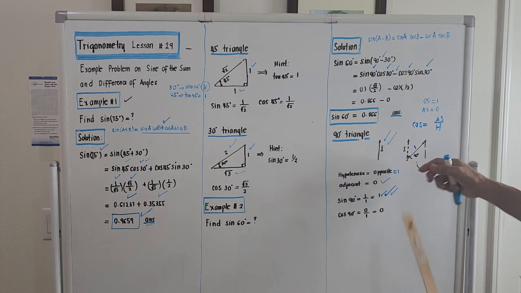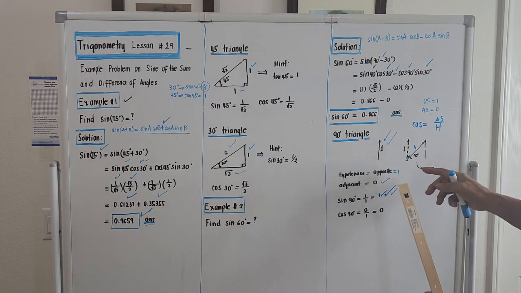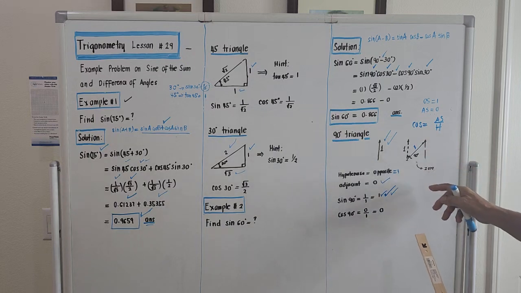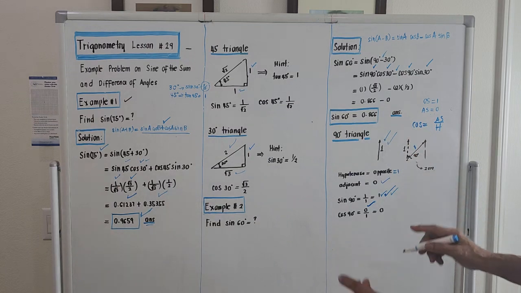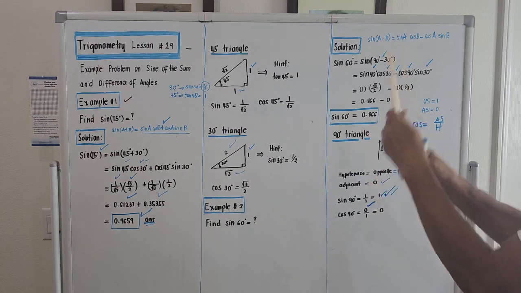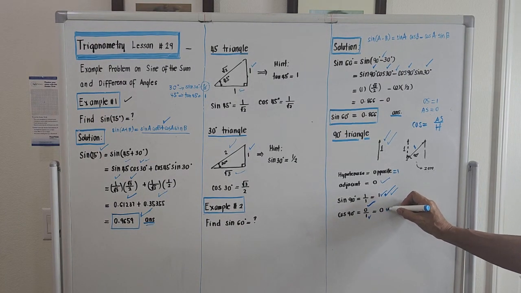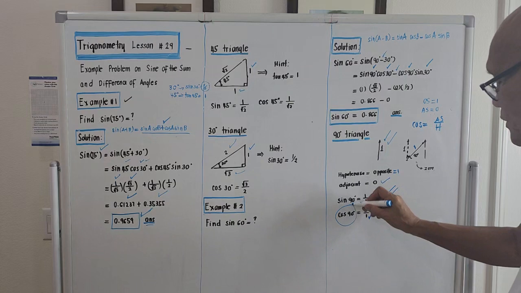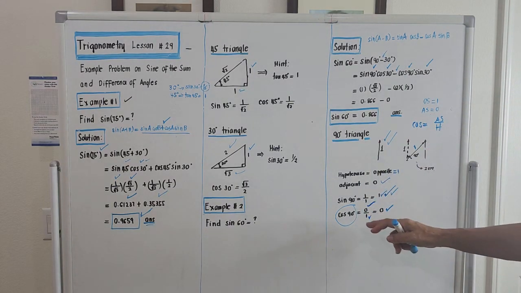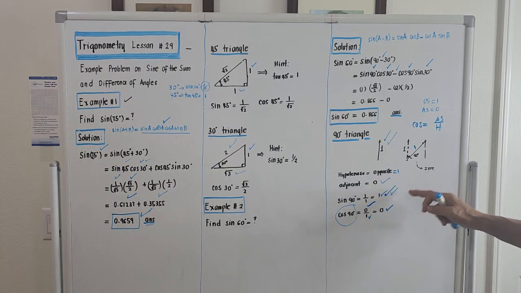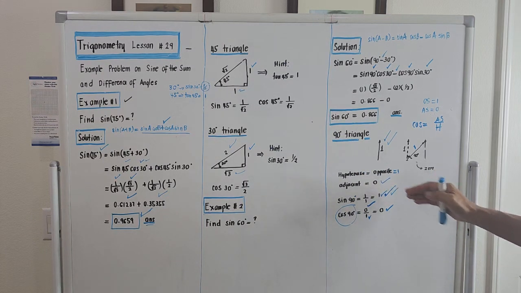So if we take the cosine of 90 degrees, it should be 0 divided by the hypotenuse, which when upright is 1. So 0 over 1 will be equal to 0. That is why if the angle is 90 degrees, the cosine is 0. This is where sine of 90 equal to 1 and cosine of 90 equal to 0 emanate. This is the origin.